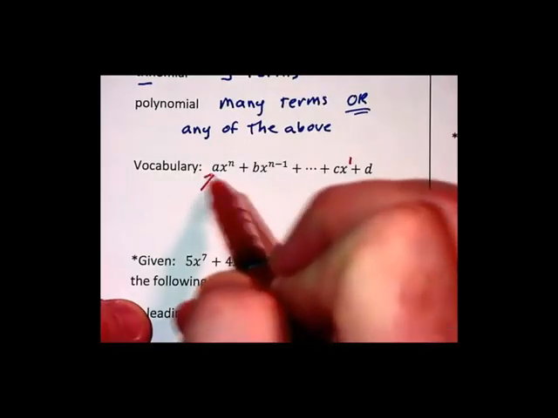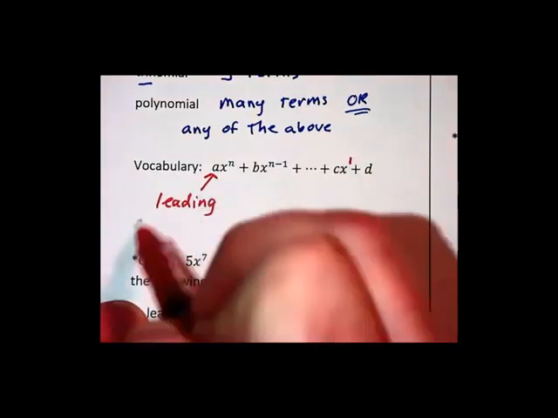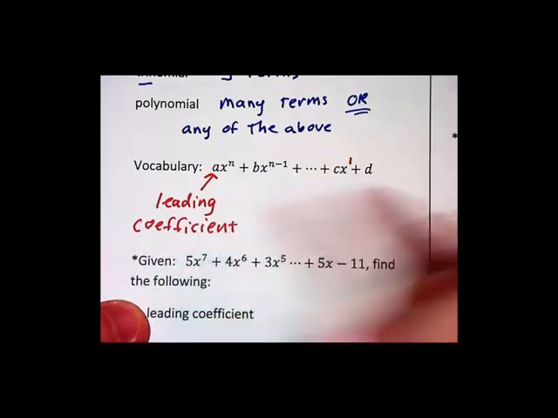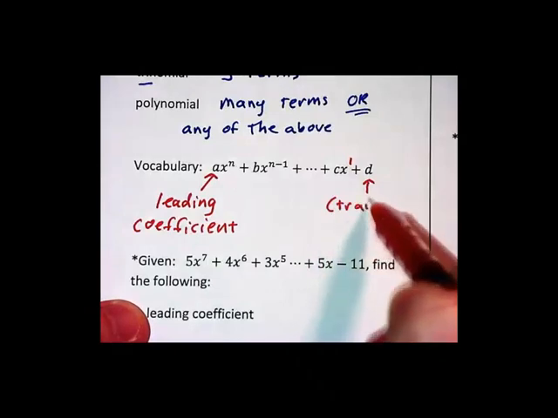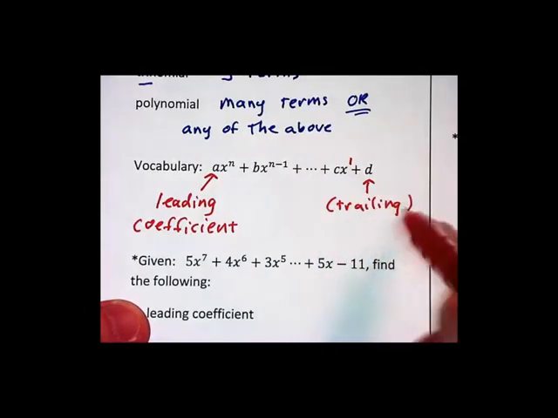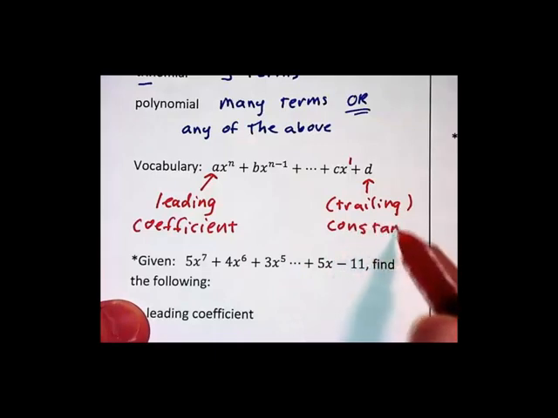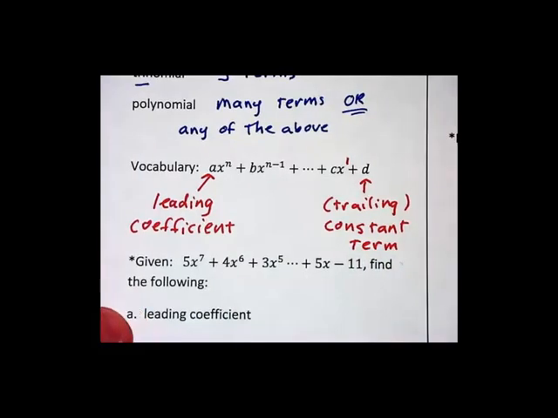This a out in front is called the leading coefficient, and the d at the end, sometimes we use the word trailing, but it generally is just called the constant term. It's constant because there's no variable attached to it, and that's just a number stuck at the end.